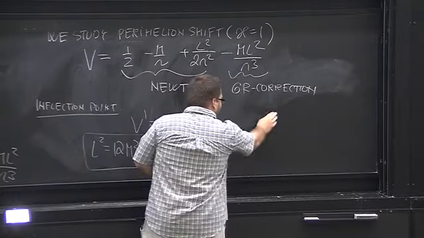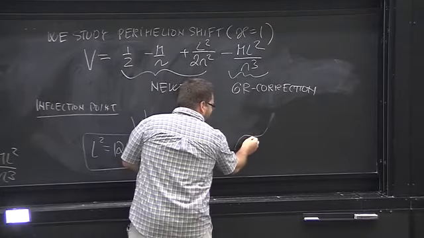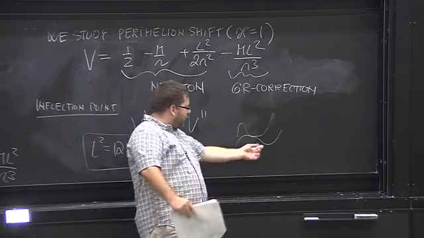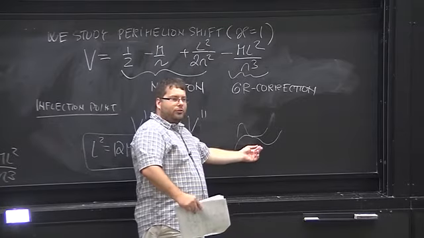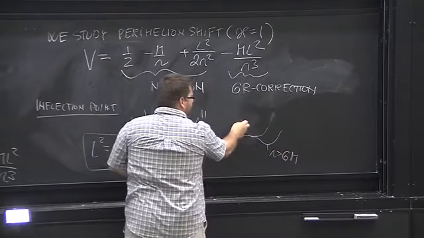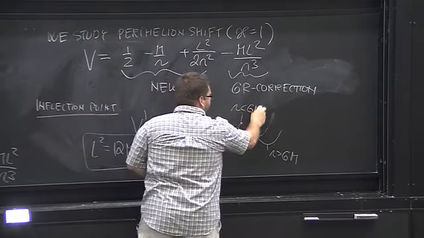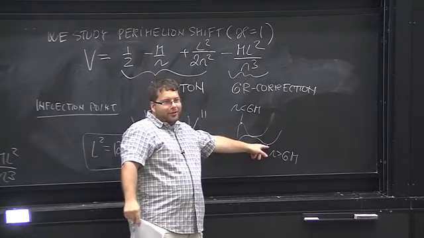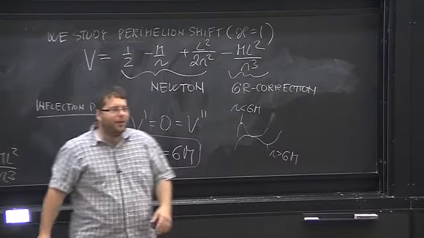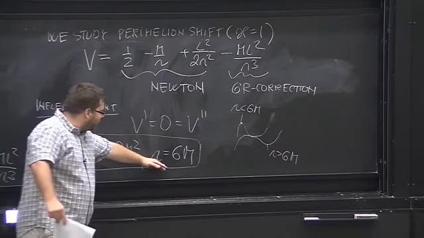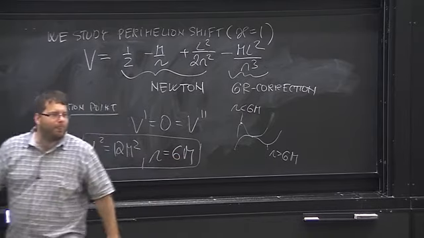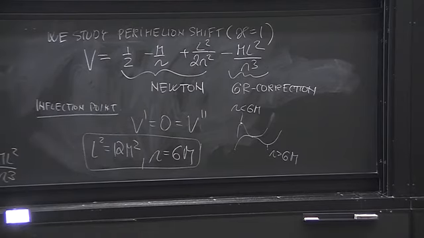If I want to have a maximum and a minimum, the minimum will always be at r bigger than 6m, and the maximum will always have r smaller than 6m. Now we want to describe the circular orbit, and so that will always be located at r much bigger than 6m. Thank you for that question, I should have stressed that. This is really telling you all the stable circular orbits have to be bigger than 6m. Other questions like this? That's an excellent question.